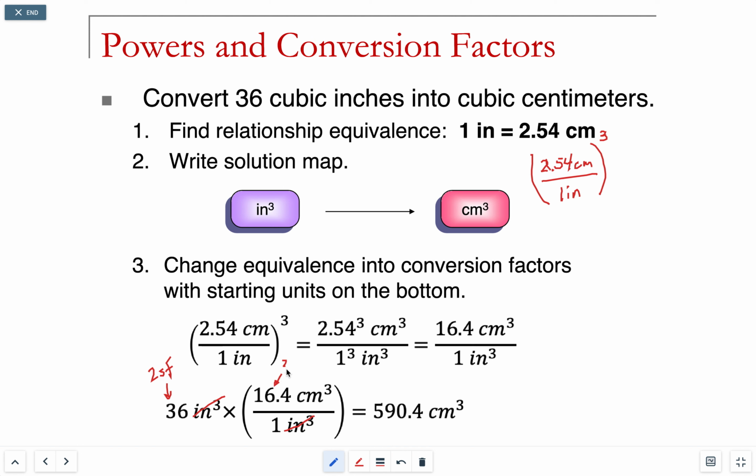This is 3 significant figures. The one is exact. So we need to round our final answer to 2 significant figures, which is 590 cubic centimeters without the decimal point. Or you could write it in scientific notation as 5.9 times 10 to the second power cubic centimeters.